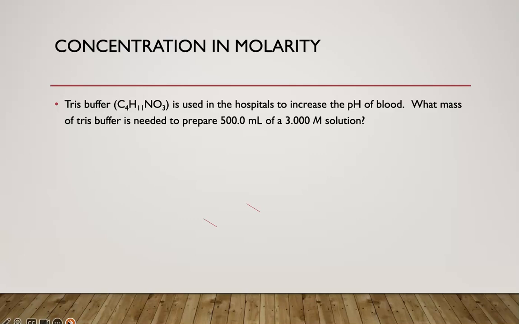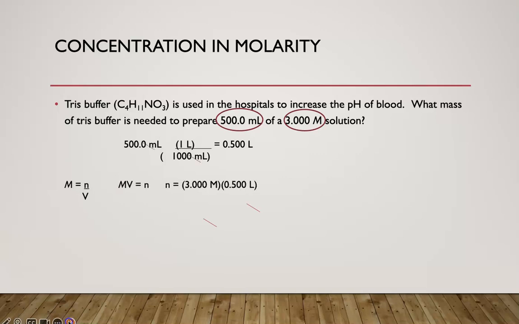All right, and here's a real life hospital example using Tris buffer. And so, of course, you're going to use your molarity formula. You can use your triangle. You've got to convert that volume to liters. And hopefully you came up with something sort of like that.